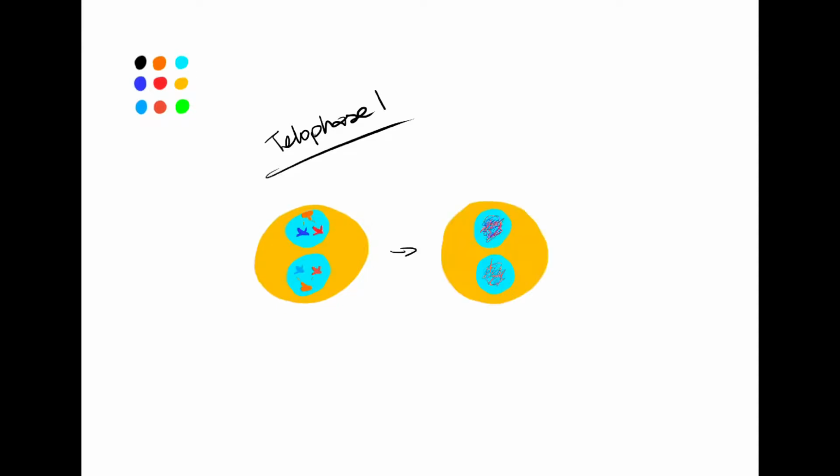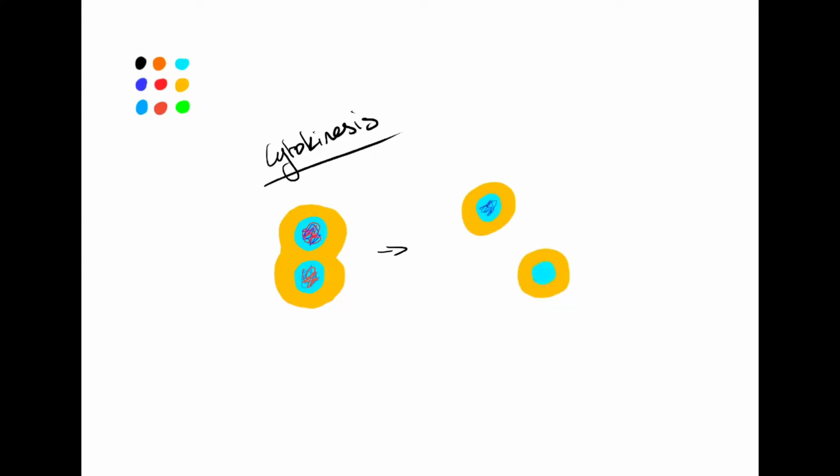The next phase, telophase 1, proceeds much like telophase in mitosis, where the nuclear membrane gets reconstructed around the chromosomes and they unwind into DNA. The last phase is cytokinesis 1, which is also like cytokinesis in mitosis, where the cytoplasm will divide in half and the cell membrane will come down and the cells will split into two new cells.